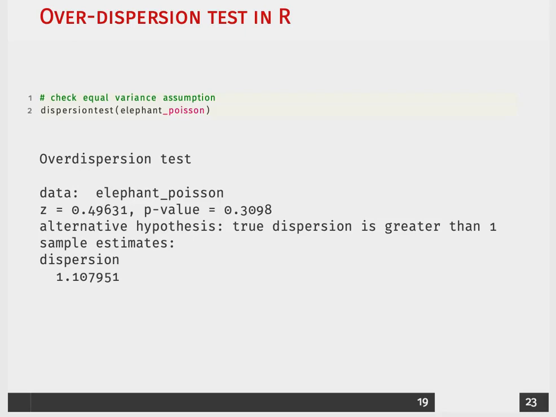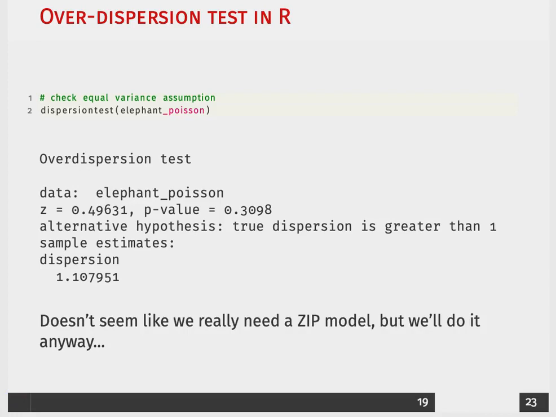And we can see here that the estimated dispersion parameter, so that lambda, is about 1.1, which is not really troublesome, because our alternate hypothesis is that the true dispersion rate is greater than 1. So we cannot reject the null hypothesis given the estimated parameter of 1.1.